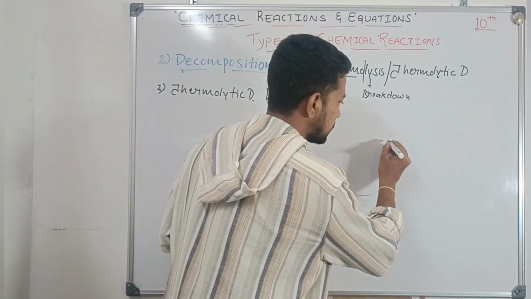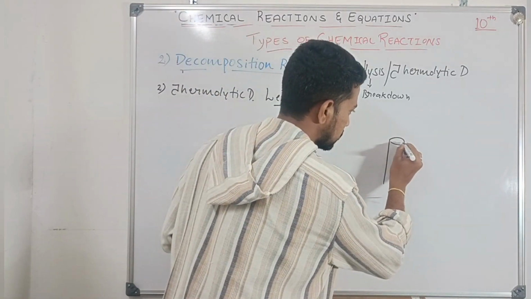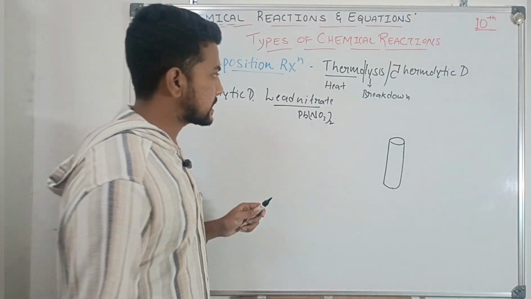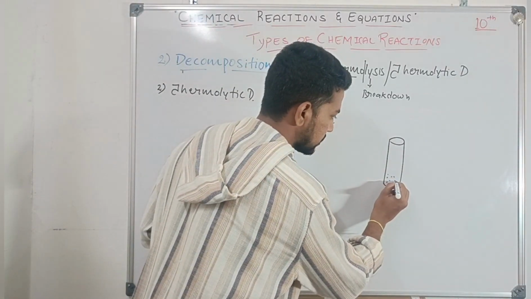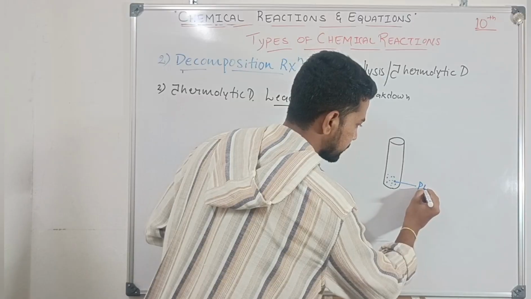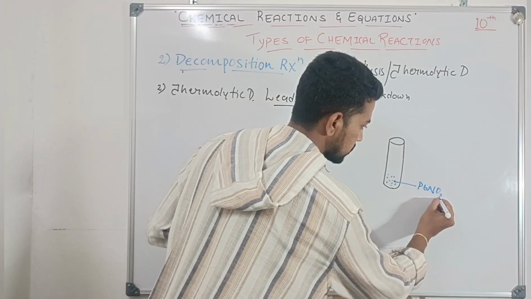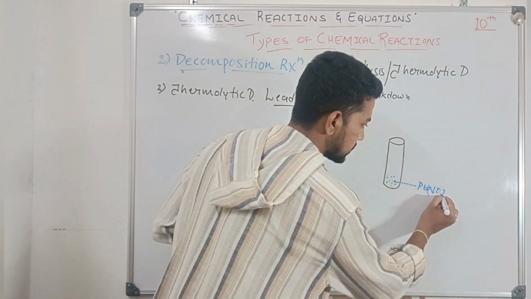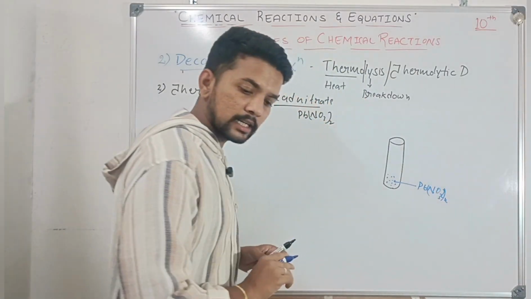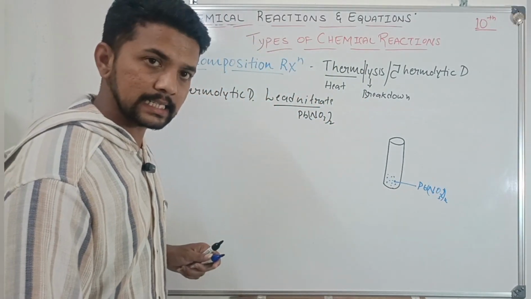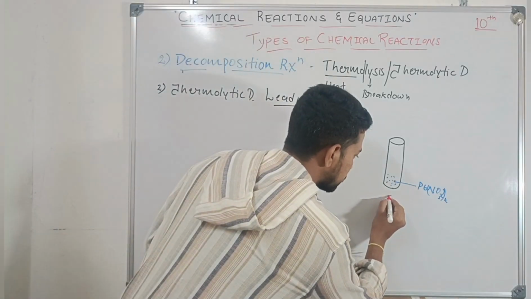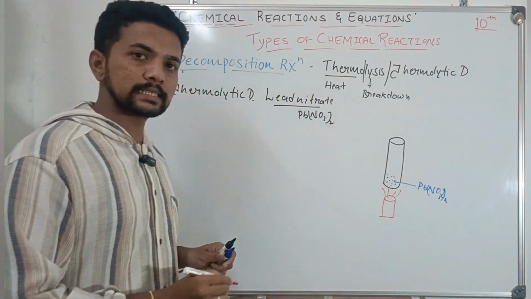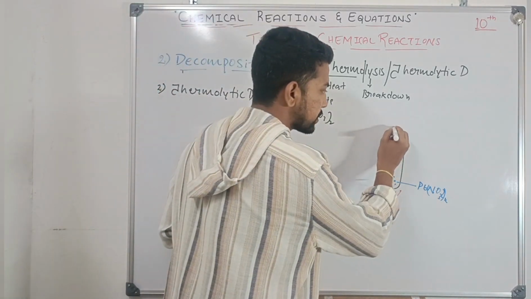First you have to take a test tube, and in that test tube you take lead nitrate crystals. Then after continuous heating of the lead nitrate crystals, there is a liberation of brown color fumes.